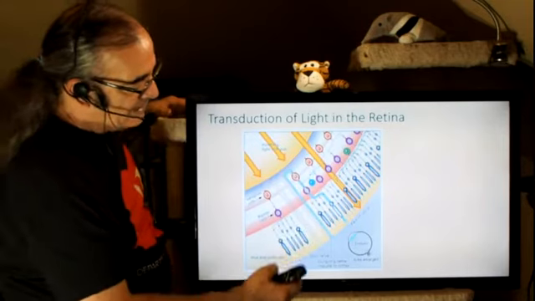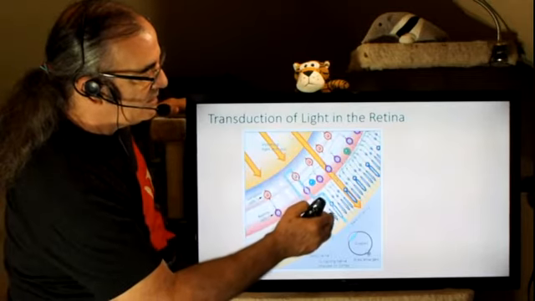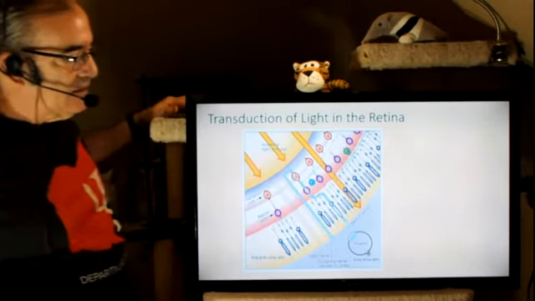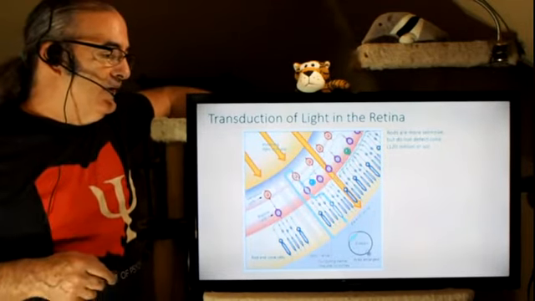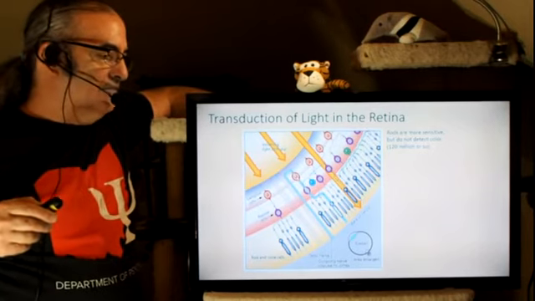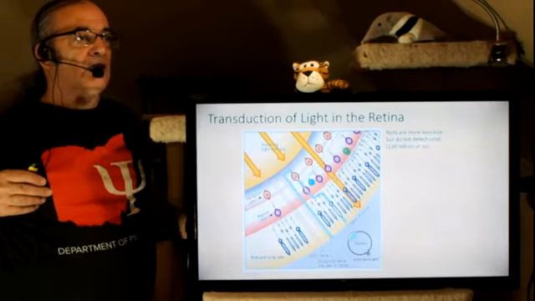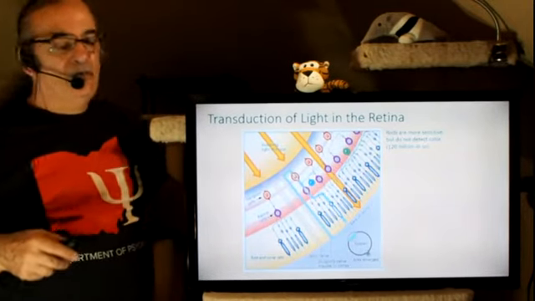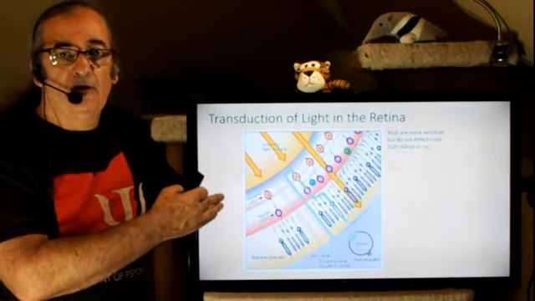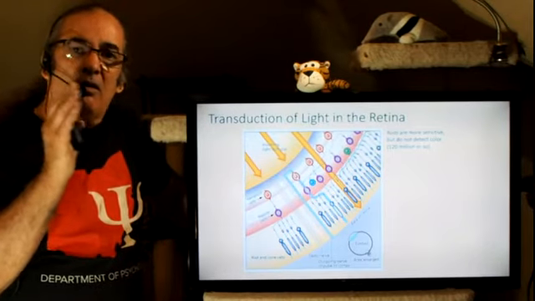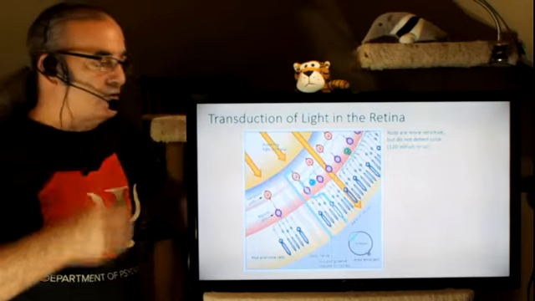You can see how they're arrayed, and then you have bipolar and ganglion cells that integrate the messages. If this didn't occur, we'd have a real confusing issue. The rods are very sensitive, but they don't detect color. All senses rely on receptor neurons, specialized neurons that transduce energy into neural impulses.